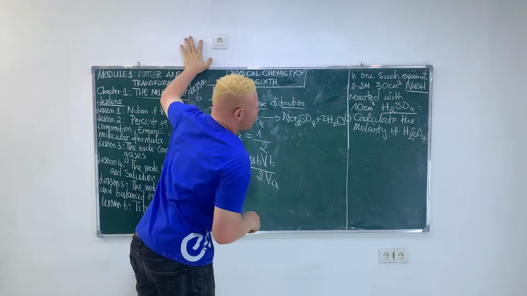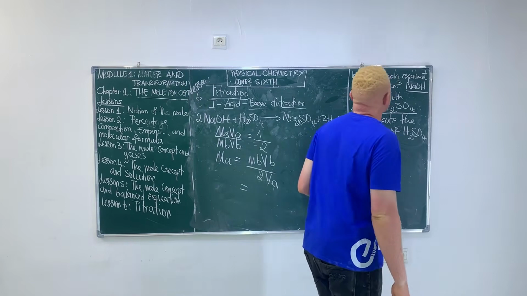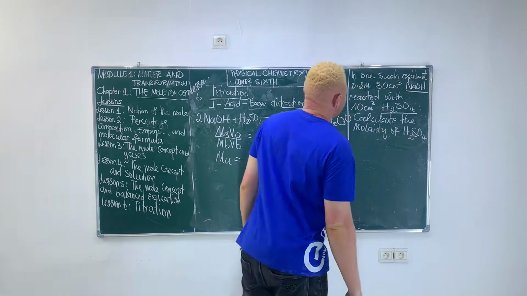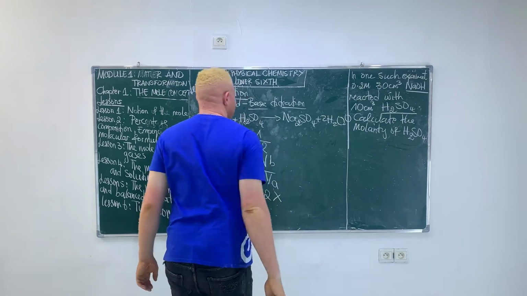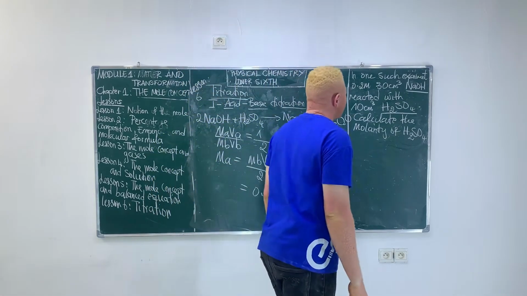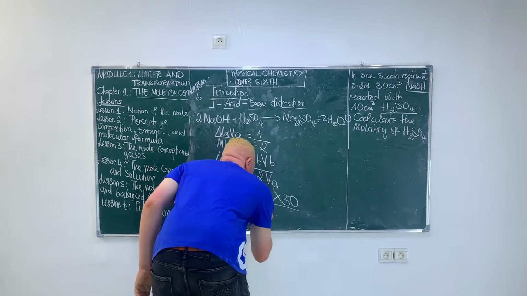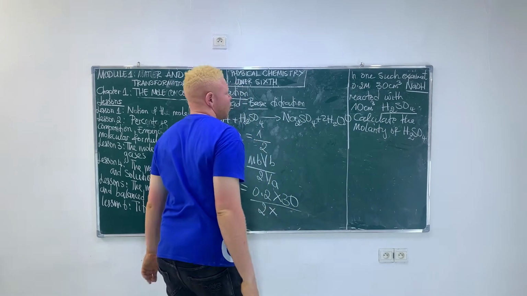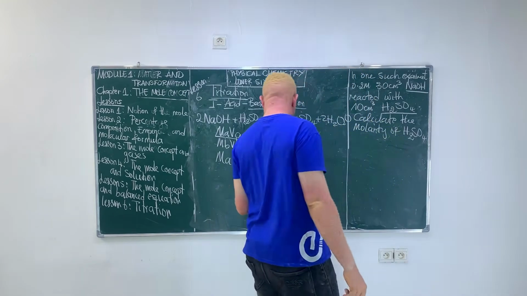Here Mb is the molarity of the base, times the volume of the base, all over 2 times the volume of the acid.